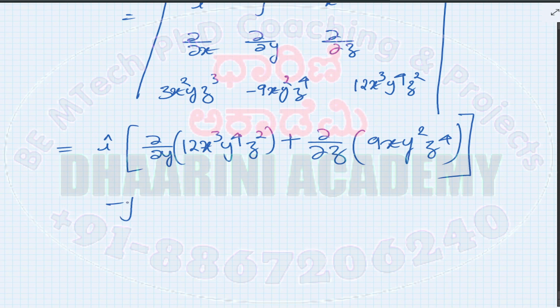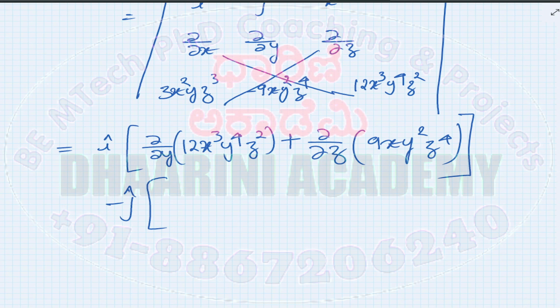Then minus j cap into, now what do you do, this into this, this into this. Okay, so let us apply this. So this results in the following answer.